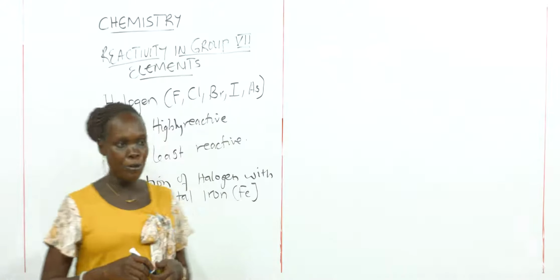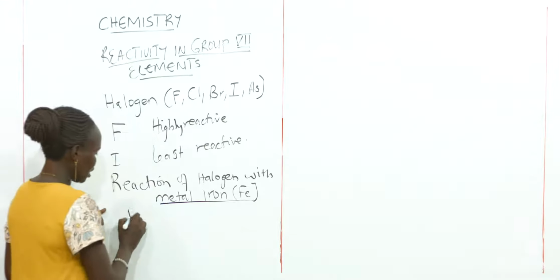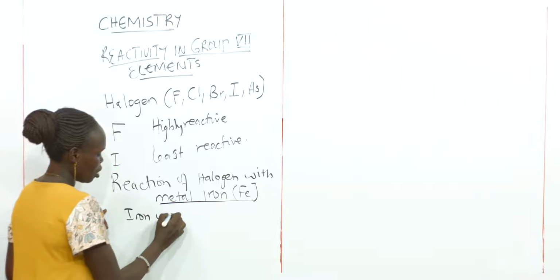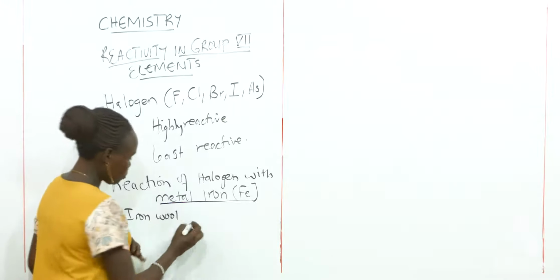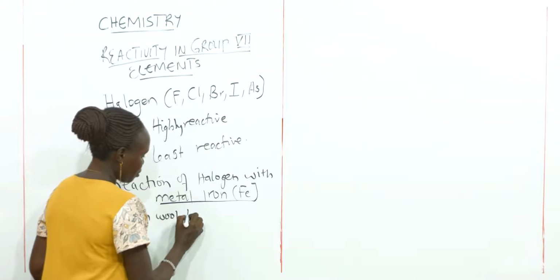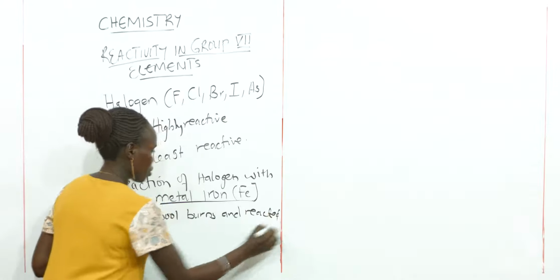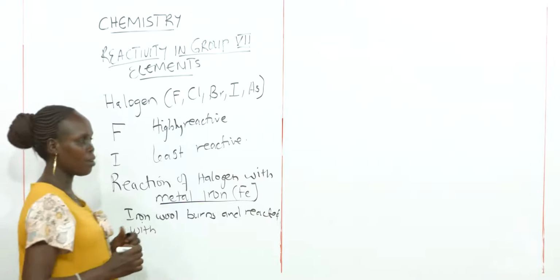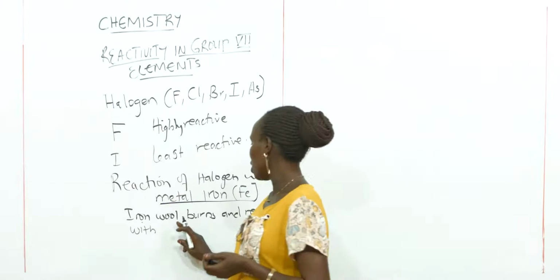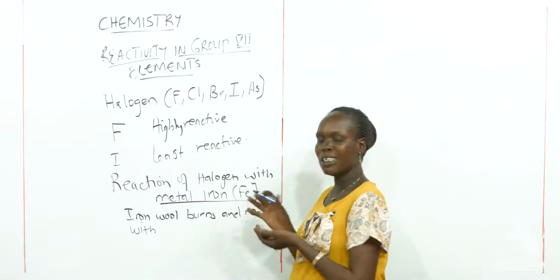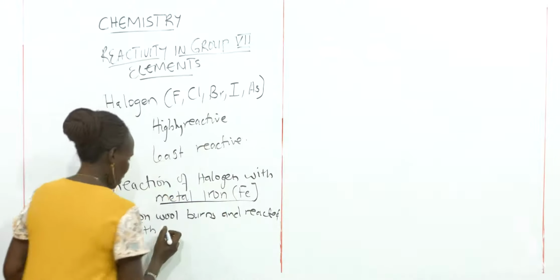So the iron will continue to burn and react with the chlorine, producing brown fume. We are going to have iron wool, and when it burns and reacts with chlorine, which is a gas, its smoke will be reacting with the chlorine gas.